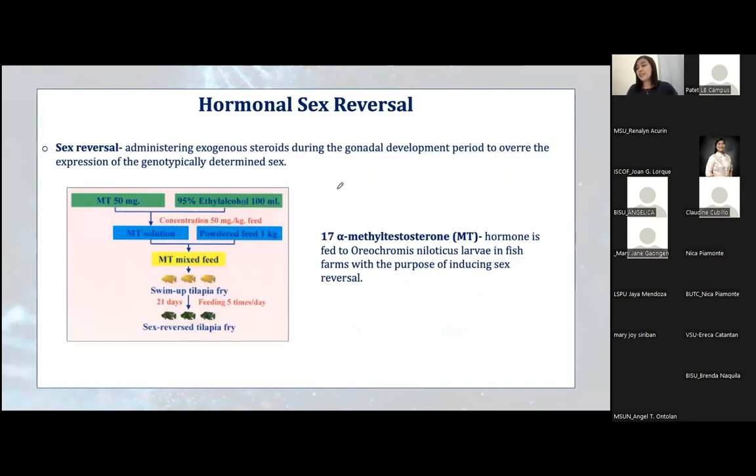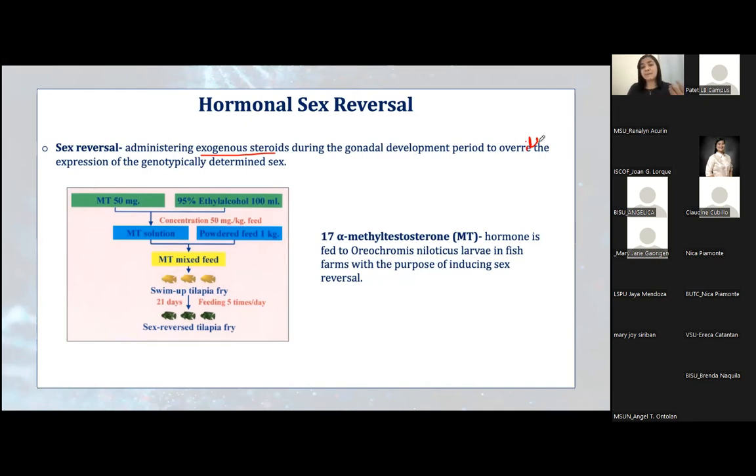Okay, for hormonal sex reversal, I think all of you are familiar with this kasi nagawa nyo na to siguro sa laboratory ninyo. Sex reversal is the administering of exogenous steroids or substances that are not natural to the fish during the gonadal development period to override the expression of the genotypically determined sex.